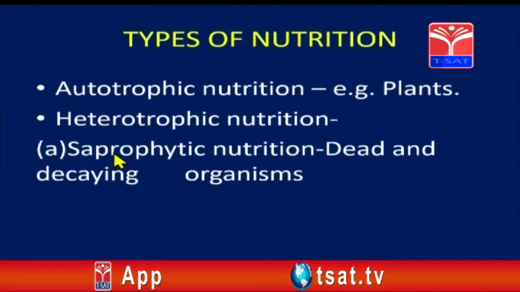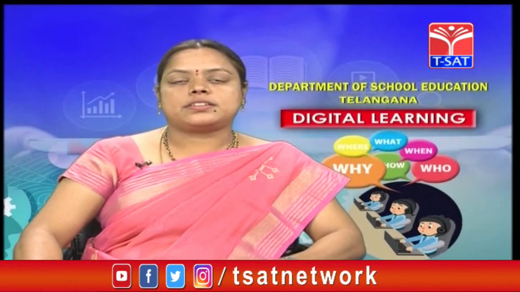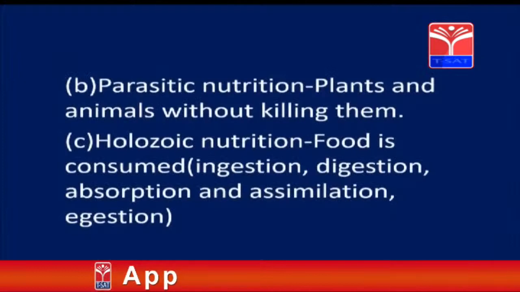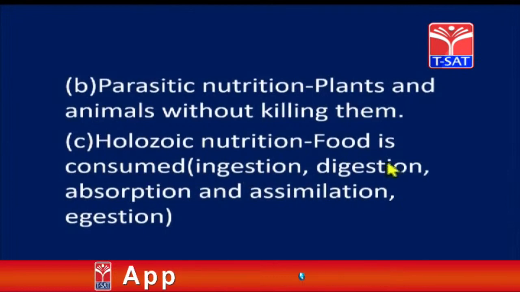What are they? Saprophytic nutrition, where the organisms feed on dead and decaying organisms. Parasitic nutrition, where the organism feeds on the other organism without killing them, like plants and animals. Holozoic nutrition, where food is consumed completely into the body, that is ingestion, digestion, absorption and assimilation.